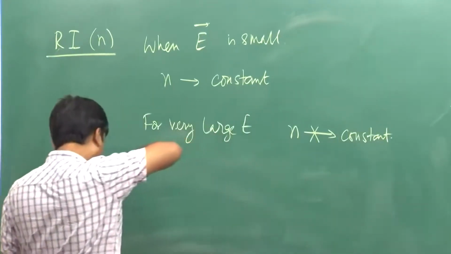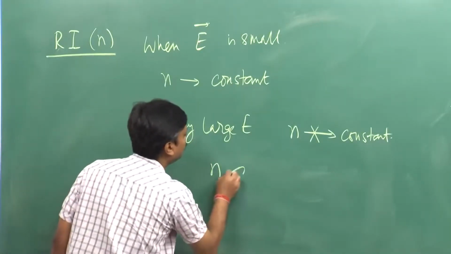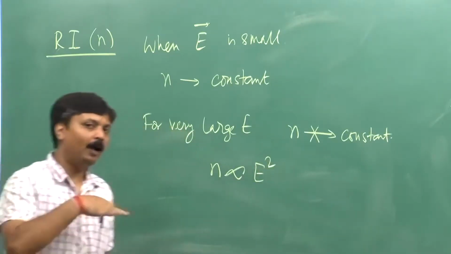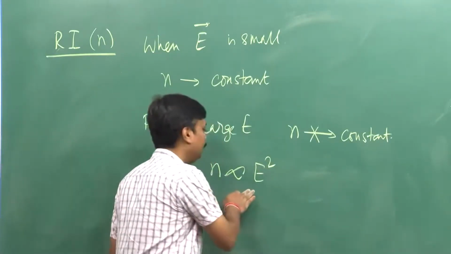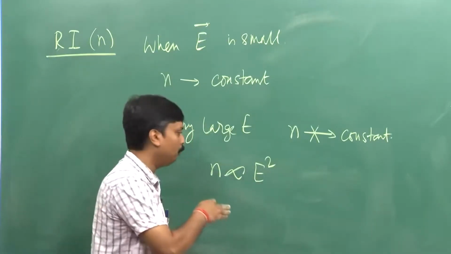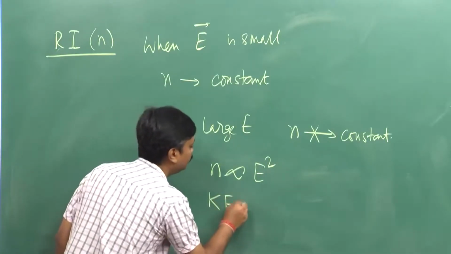In that case, n varies with the square of the electric field. You are familiar with this because in one of the last lectures, when we discussed Pockels cells, we mentioned this, and said that this is known as the Kerr effect.